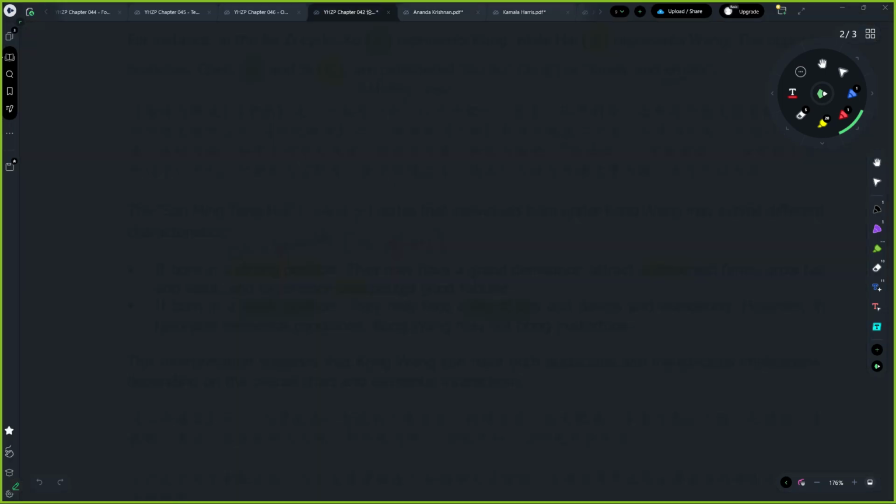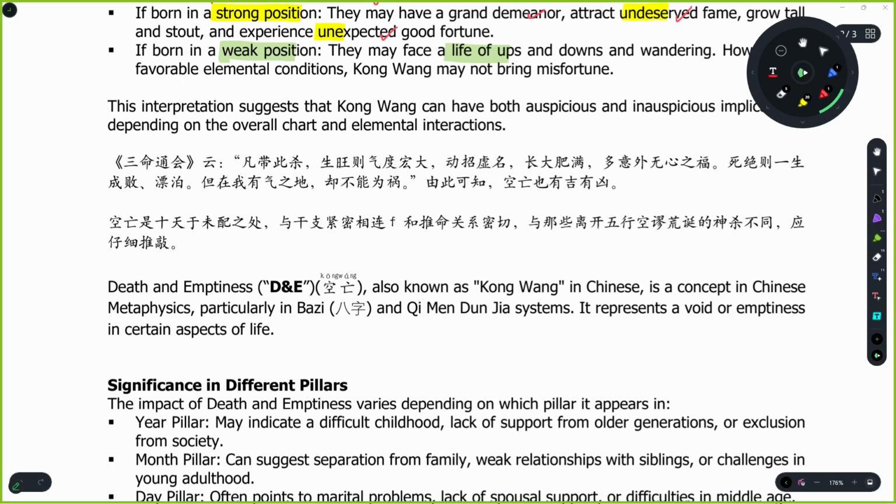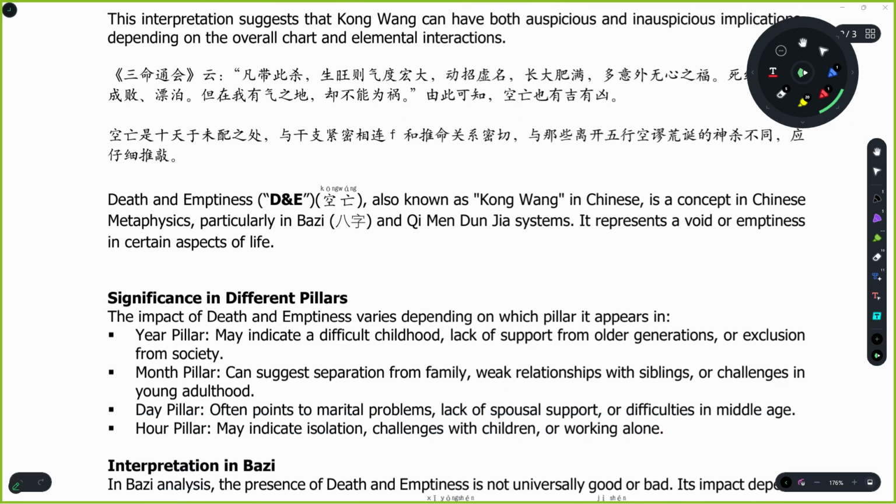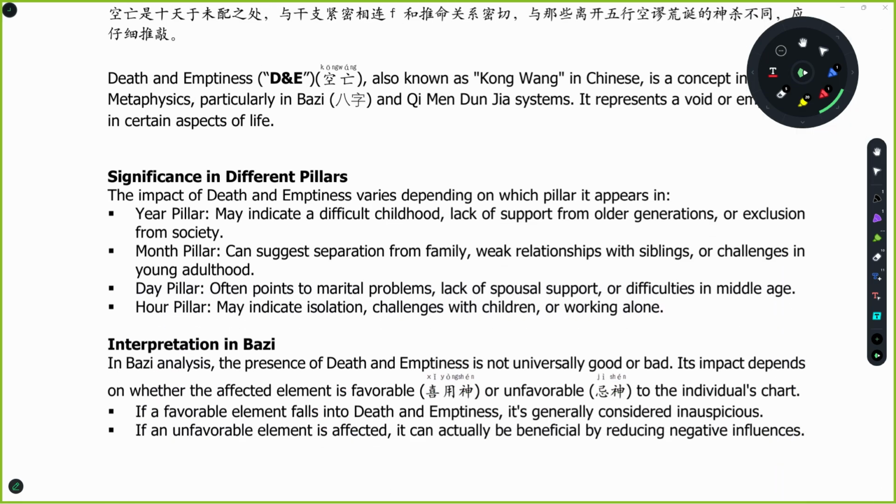As we move along, this will be just to look into the concept. Now if death and emptiness is found on the year pillar, then the indication often is negative.